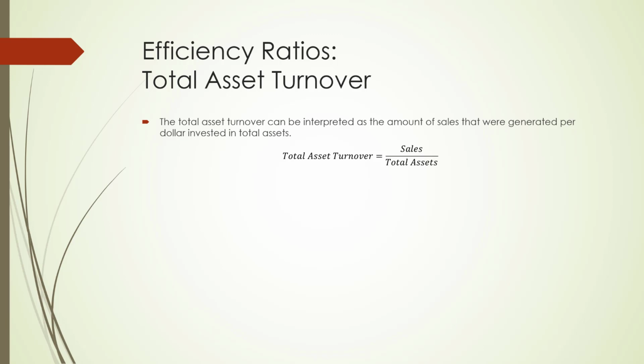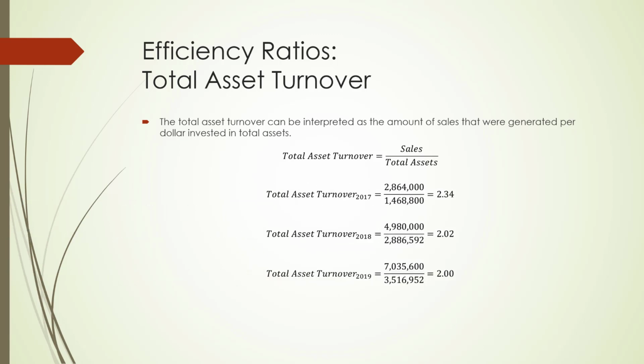Well, then you can go look at the inventory turnover or accounts receivable turnover or the fixed asset turnover and identify exactly where the problem is. And in this case, we can see that the total asset turnover ratio has been dropping, and likely that is because of the buildup of accounts receivable and inventories.